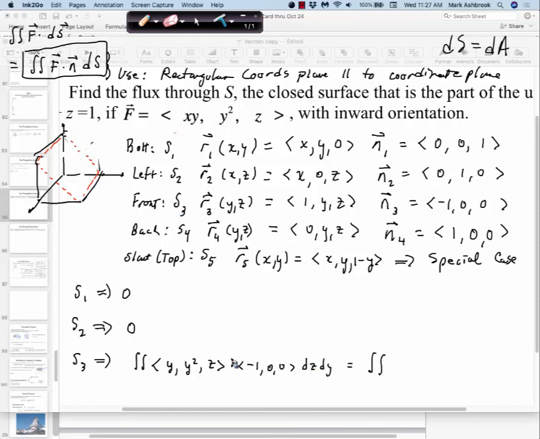So we get negative y dz dy. And then if we do, well, let's do dy dz. Let's do type 1, make it easier, right?